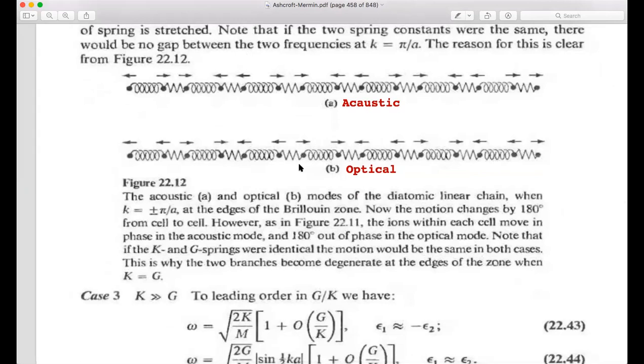When you come to the optical branch, again, two atoms in the same cell would move out of phase because epsilon 2 by epsilon 1 is -1, and two successive primitive cells would also be out of phase because there is a factor of -1. So when this goes this way, this would go this way. This one would also go this way.